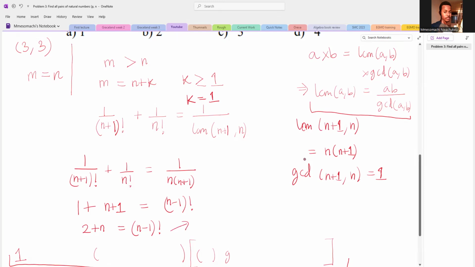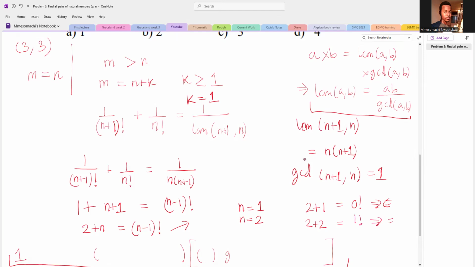So let's just test some values. If n is equal to 1, we have 2 plus 1 and 0 factorial. This does not work. If n is equal to 2, we have 2 plus 2 and 2 minus 1 factorial, 1 factorial.